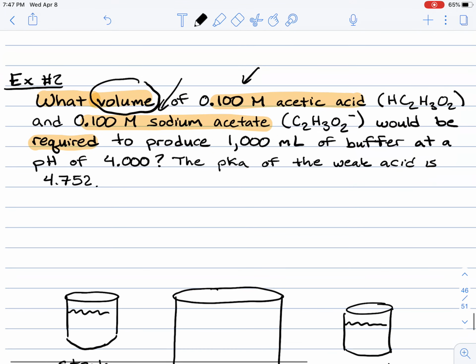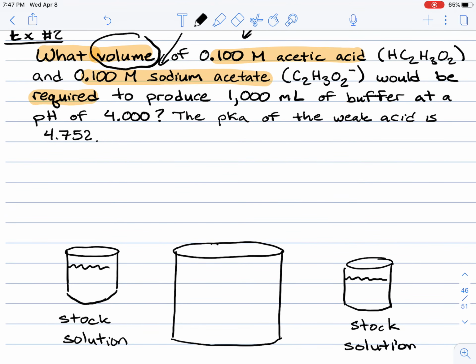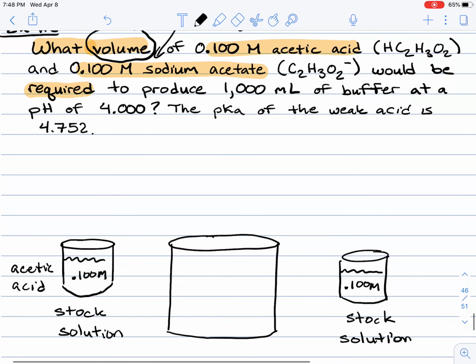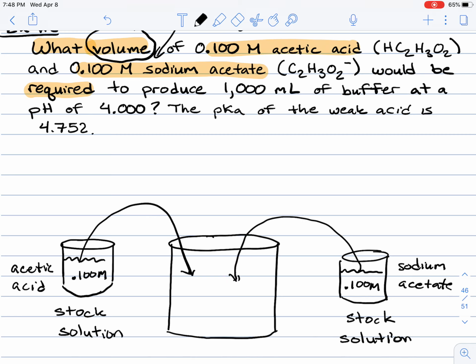For example, if you had two stock solutions, one representing the 0.100 molar acetic acid and the other representing the 0.100 molar stock solution of sodium acetate, how much volume, more specifically, of acetic acid and sodium acetate will we need to create 1,000 milliliters of this acetic acid acetate buffer system.